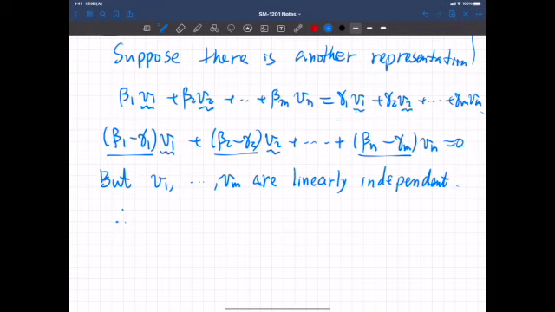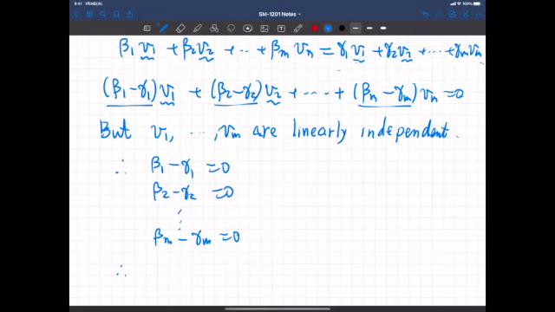Otherwise, they are not linearly independent. Therefore, beta 1 minus gamma 1 is equal to 0, beta 2 minus gamma 2 is equal to 0, and so on. Beta m minus gamma m equal to 0. Therefore, beta 1 is equal to gamma 1, and so on.